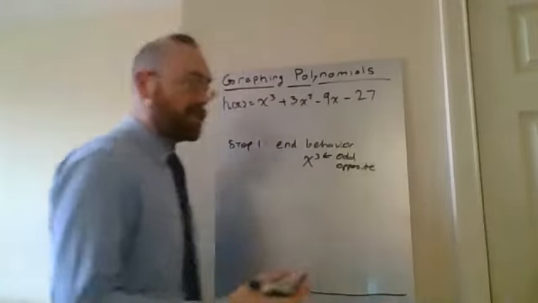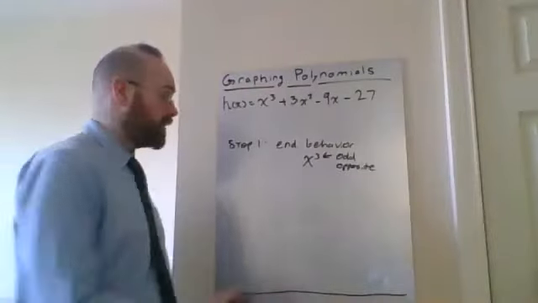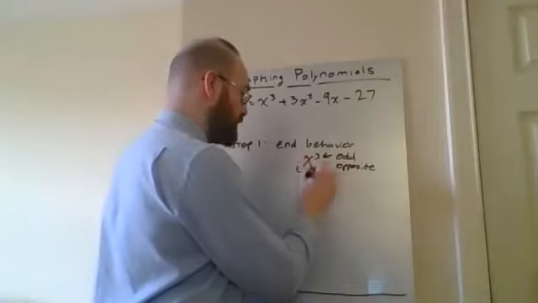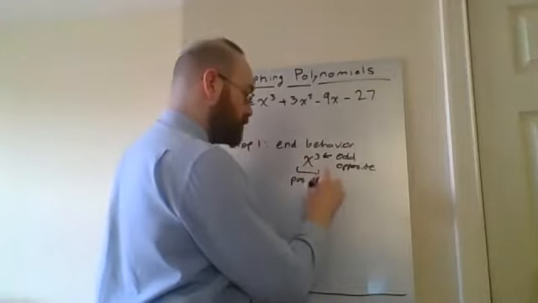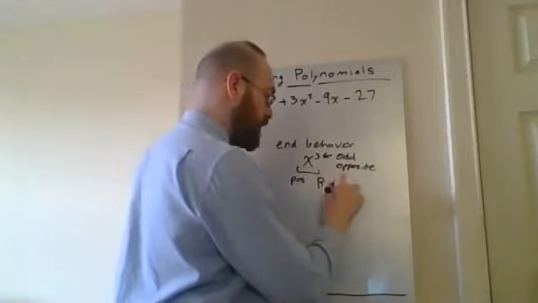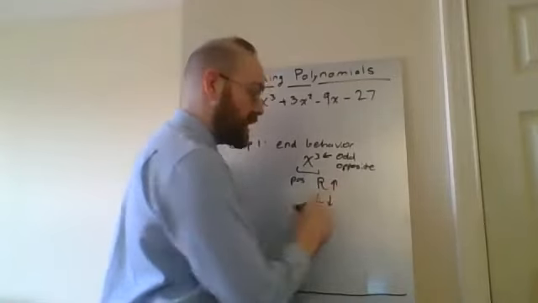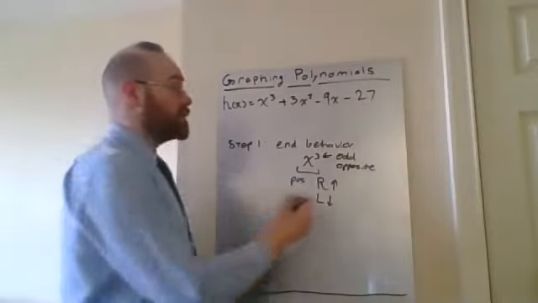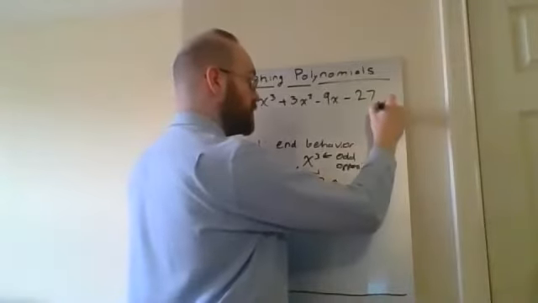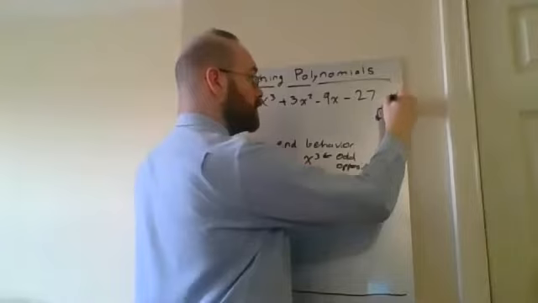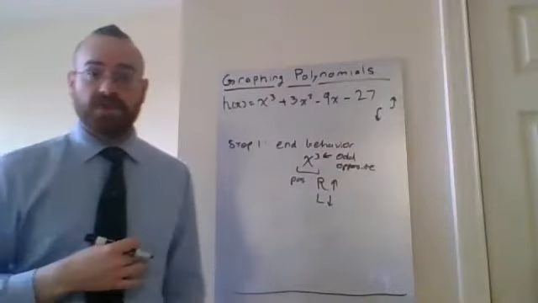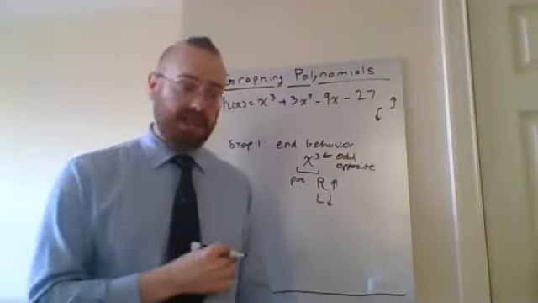So if one goes up, the other goes down. If one goes down, the other goes up. Since this is positive, the right side is going to go up, which would mean the left side, being the opposite, would have to go down. So up in this corner, I'm going to label left down, right up. So when we're ready for it, we have the end behavior.